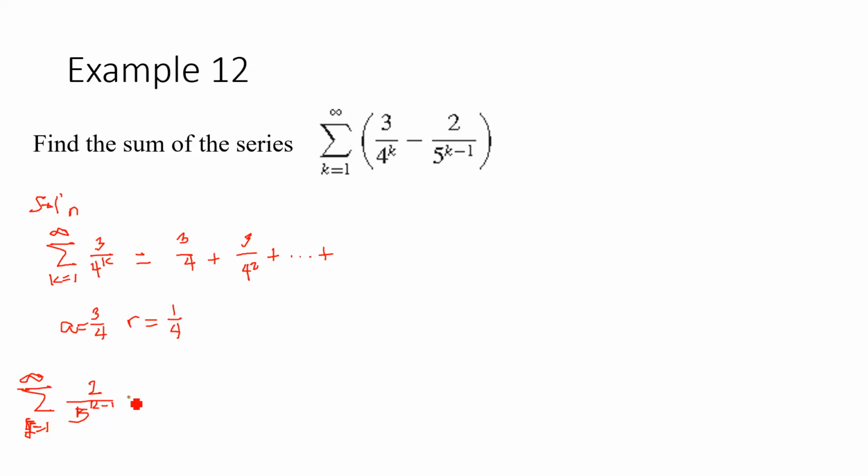That would be 2 plus 2 fifths plus 2 over 5 squared plus so on. So this is also convergent because it is a geometric series.